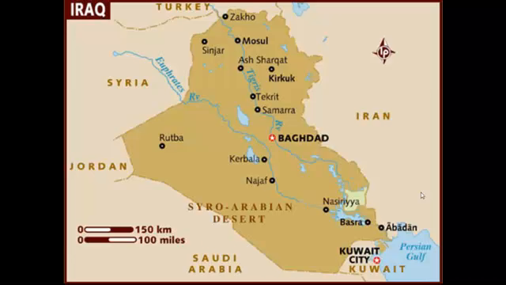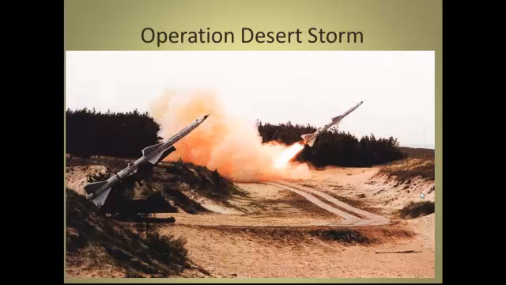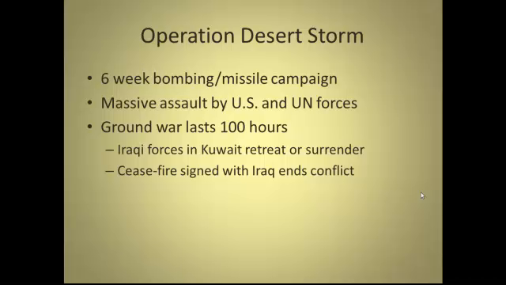Here's the map again. You can see the country of Kuwait is just to the south of Iraq. So let's talk about Operation Desert Storm. After the Second Iraq War, this was sometimes referred to as the First Iraq War. And this basically involved a 6-week bombing and missile campaign, where essentially the United States and United Nations bombed and sent missiles to attack the Iraqi army.